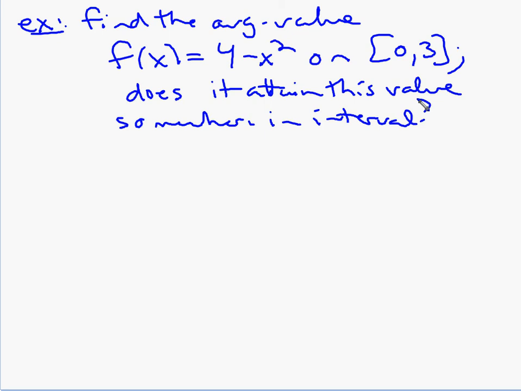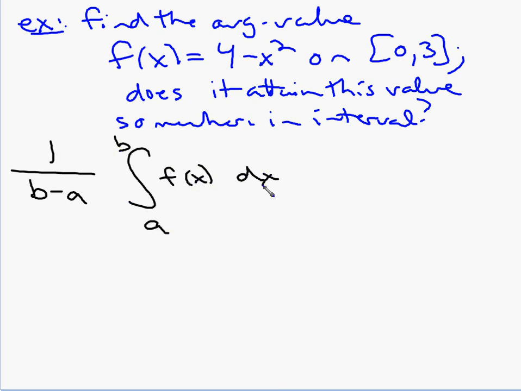This is actually a very easy problem. If you see one like this, you're going to like it, because all you have to do is use our formula. 1 over b minus a times the integral of a to b f of x dx.